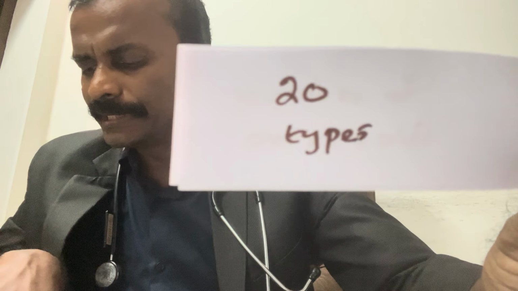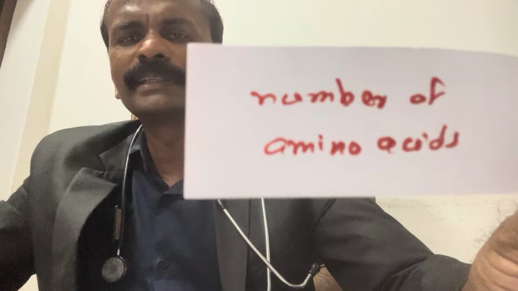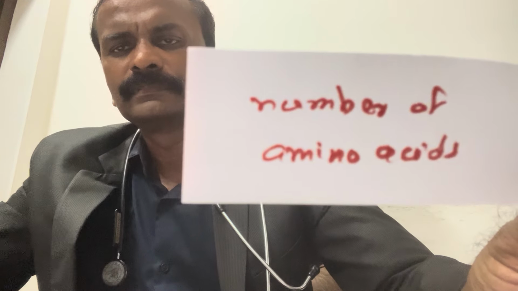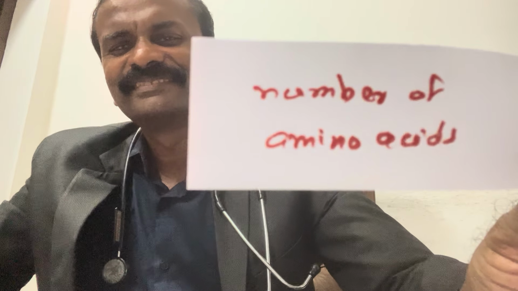20 types, 5 types, 10 types, 20 types, 25 types. This will be the answer choice. So what is your question? Number of amino acids. 20 types, number of amino acids, given in a textbook.